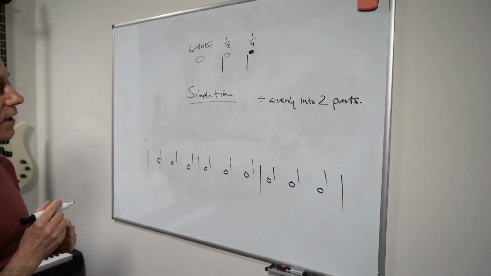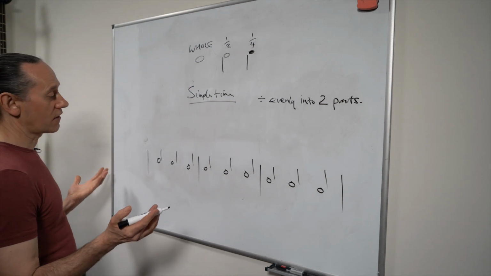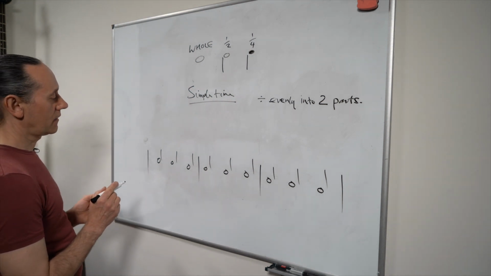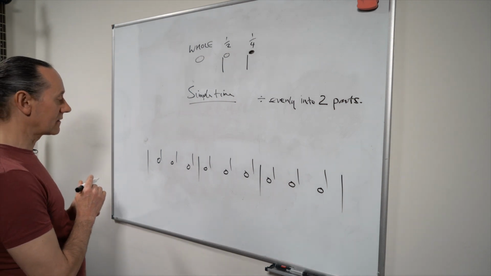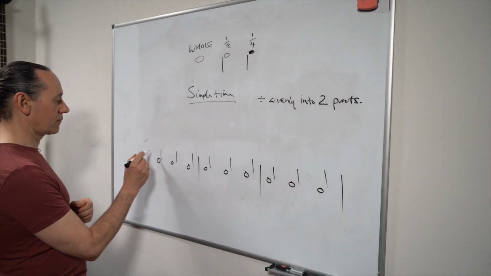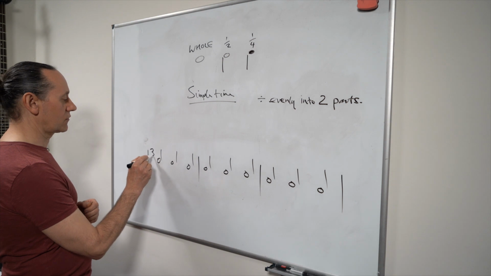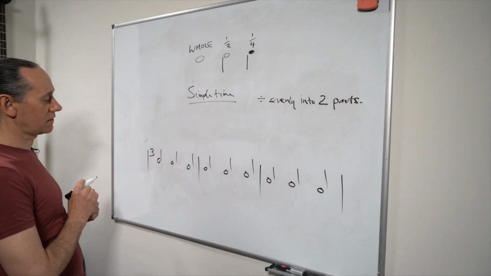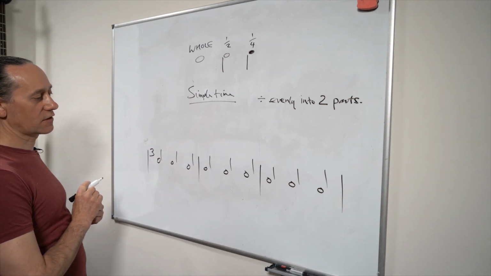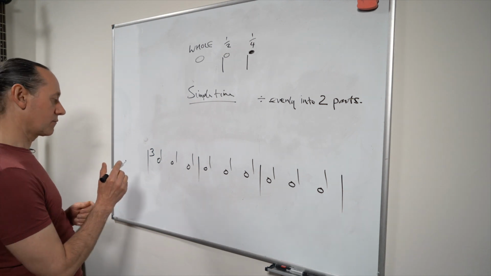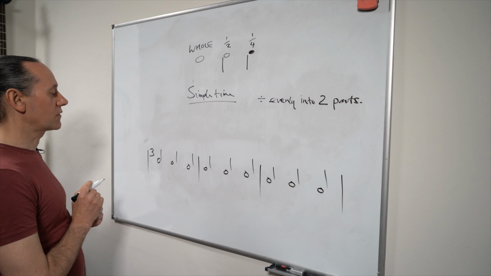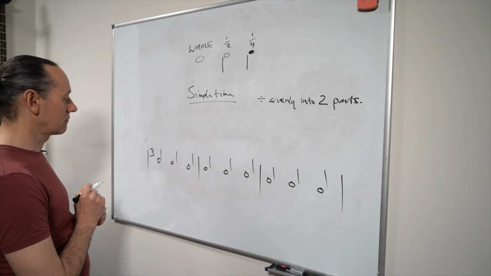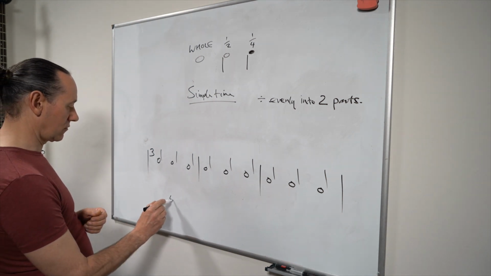In this example, we have 3 notes in every bar. It's a very simple rhythm. And we might even describe these notes each as being a beat, because that's the underlying pulse. So the top figure is telling us how many beats there are in each bar. And the bottom figure is going to tell us which note value has been used to represent the beat. Is it a quarter note?